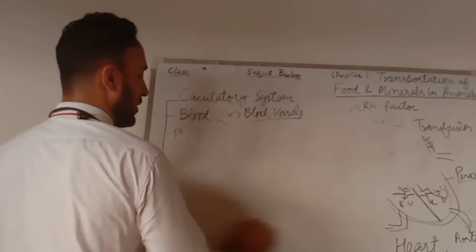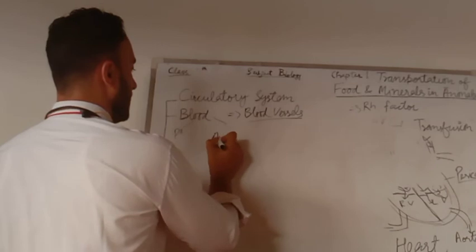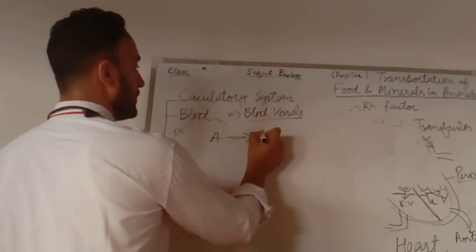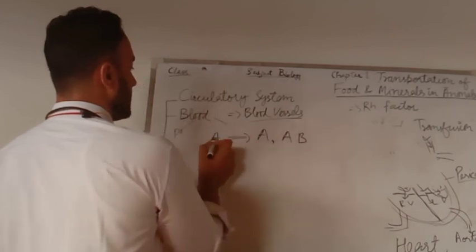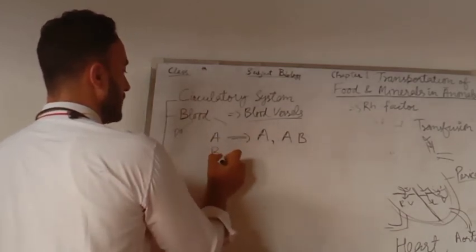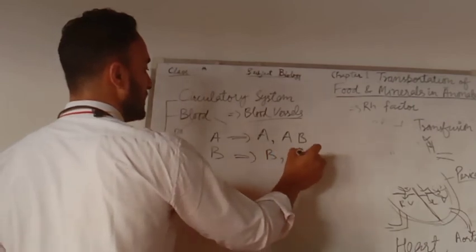We are talking about the blood transfusions. Okay, an A person can give blood to AB. Okay, this is A blood group, and B blood group can give blood to B and AB.